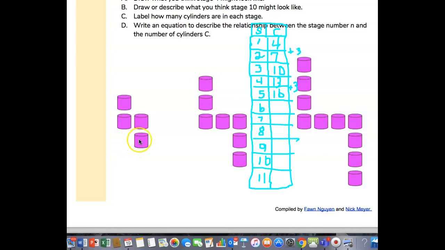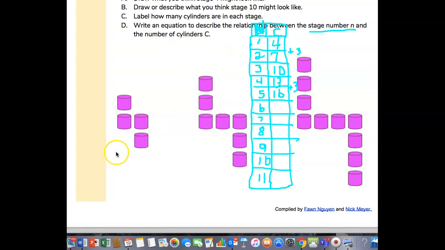Oh, okay, it tells us right here, the stage number is n. So I should have put this as an n, not s for stage. Stage number is n, and c is cylinder.